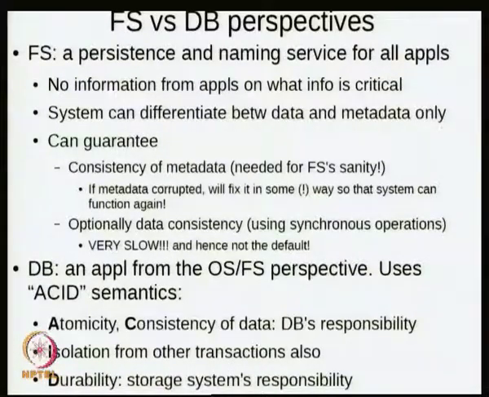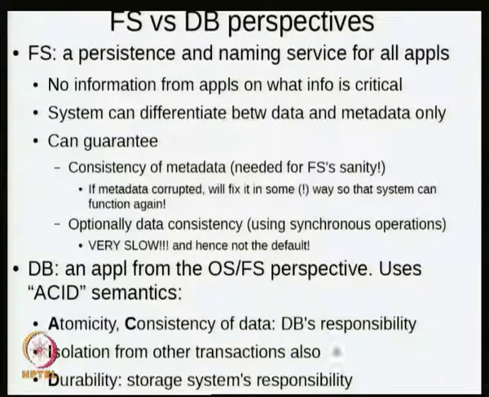So this turns out to be the responsibility of the storage system, and the database can directly do it itself, or it can go through the file system. If it goes through the file system, then it has to make sure that the file system understands the importance of whatever it is changing.